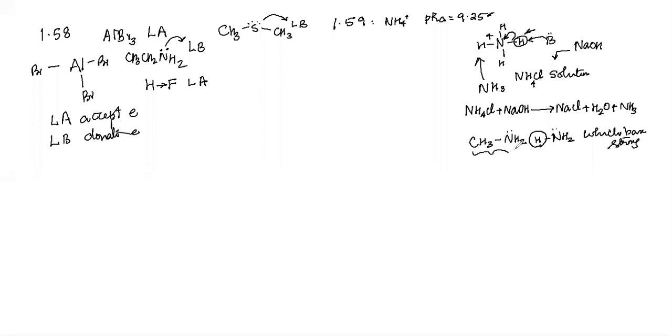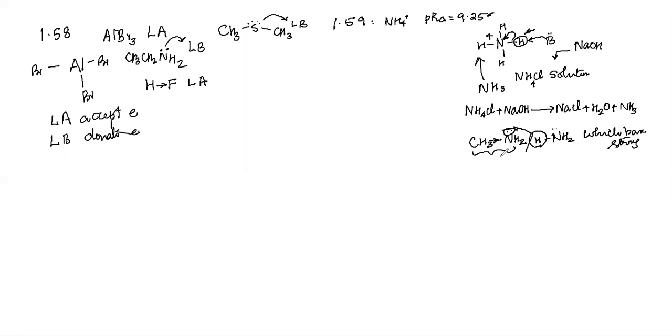Methylamine is the stronger base because by inductive effect, the electrons are donated towards the nitrogen. So the electron density on the nitrogen increases. Electron density increases means it's a stronger base. Now let us look at the pKa value.